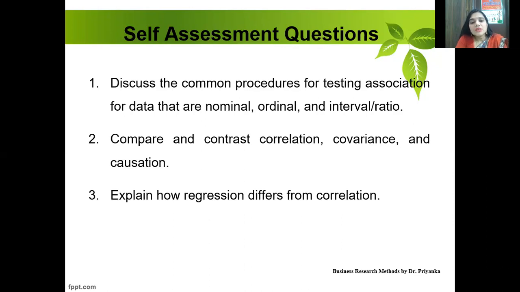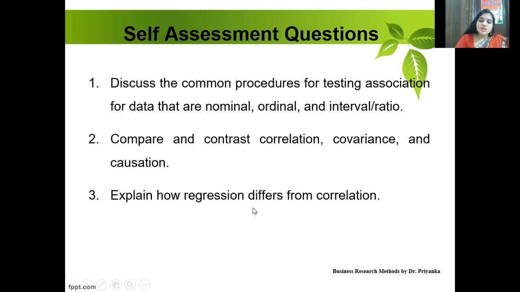This systematic covariation does not in and of itself establish causality. The relationship would also need to be non-spurious, and any hypothesized cause would have to occur before any subsequent effect, right? So correlation is just telling you that these variables are associated with each other. Covariance helps you in calculating the correlation, and causation tells you that these variables are affecting each other. That would lead you to regression. These three things have a very thin line between them.